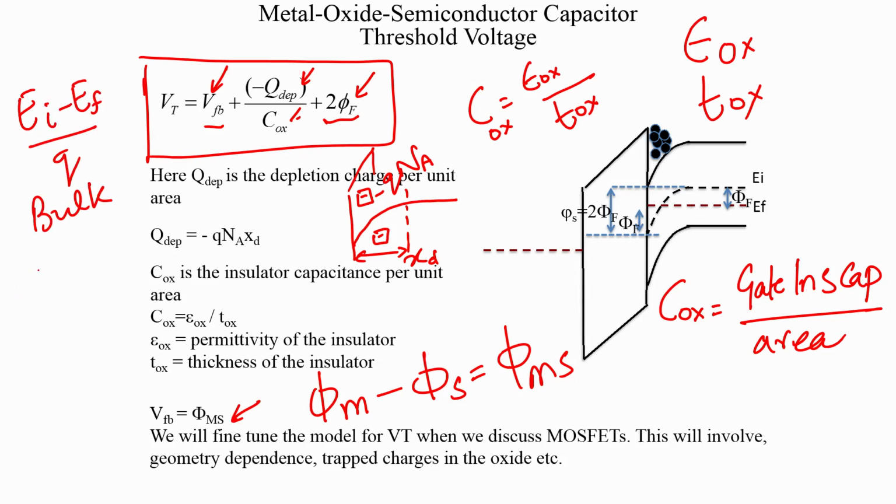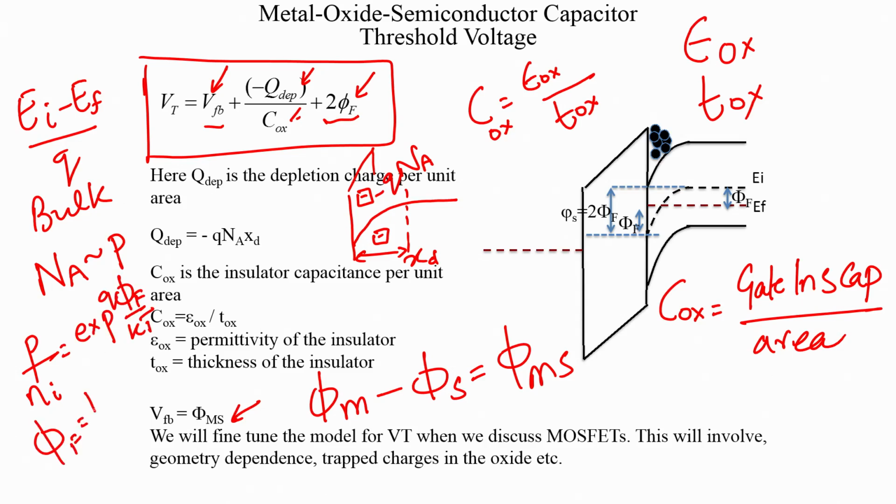So, if you know the doping concentration, if you know Na, you can say Na is approximately your p, and p by ni is equal to the exponential of q phi f by kT, and therefore, phi f is nothing but kT by q into logarithm of Na by ni. So, that is your phi f, and we have already done these kind of calculations before. So, if you know the doping concentration, you know the intrinsic carrier concentration, you know what phi f is.